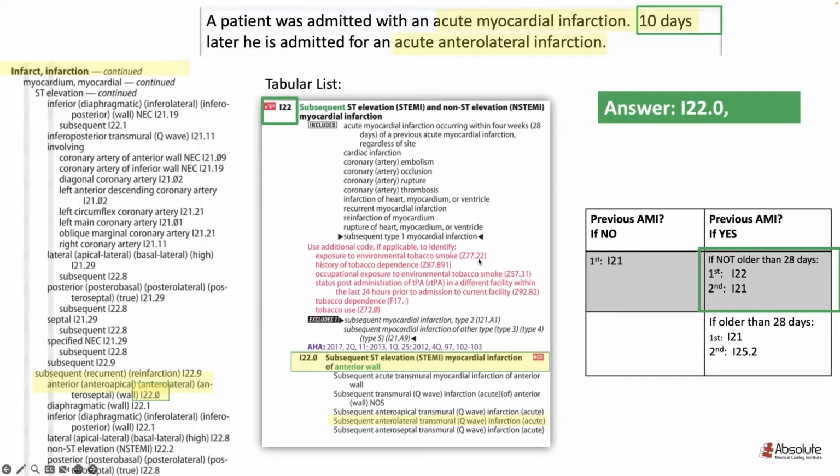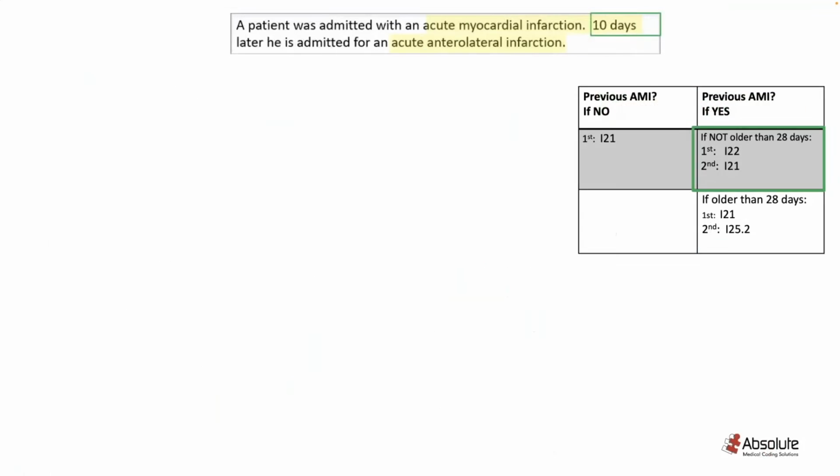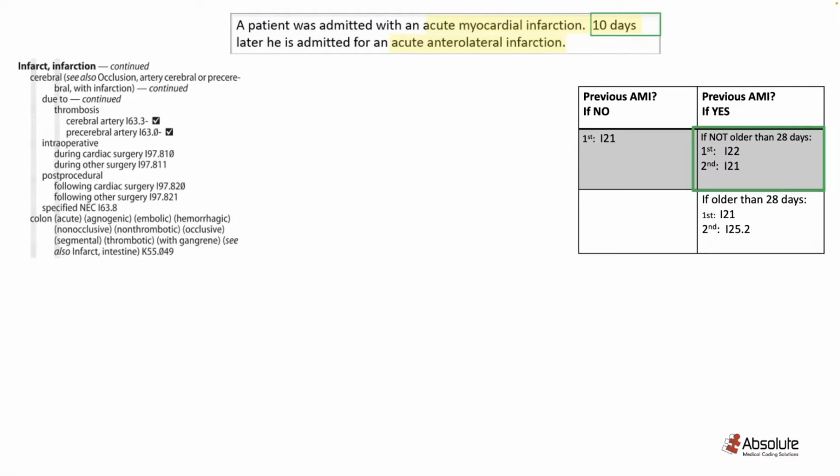So we know the first code is I22.0. Now let's code for the second. If you notice on our little chart, it's only giving you the categories or subcategories that you should be coding, so there may be more characters.